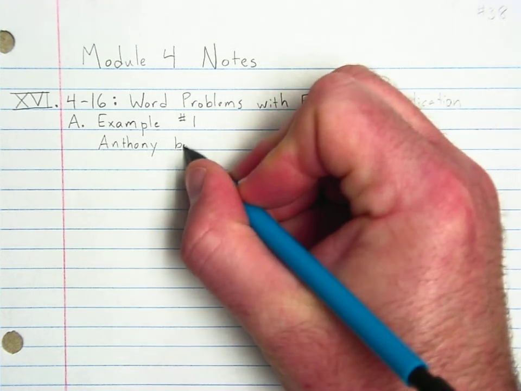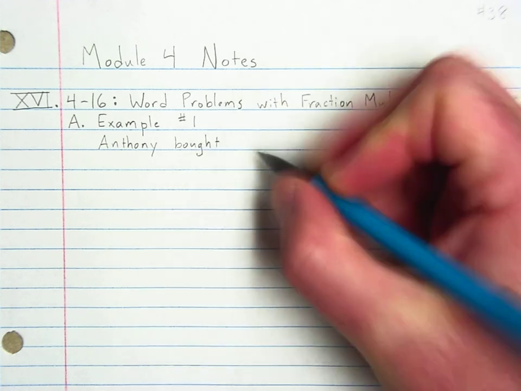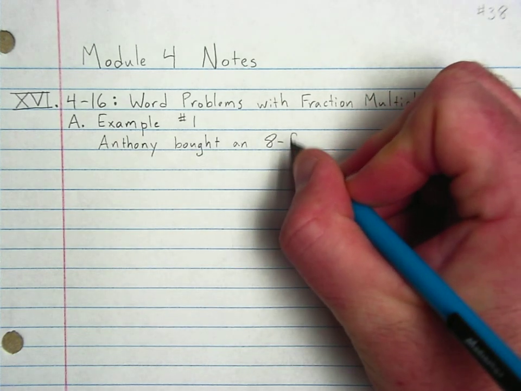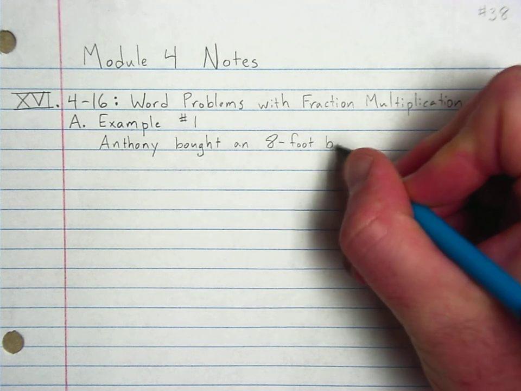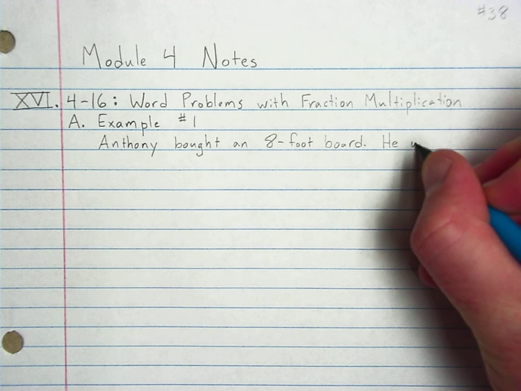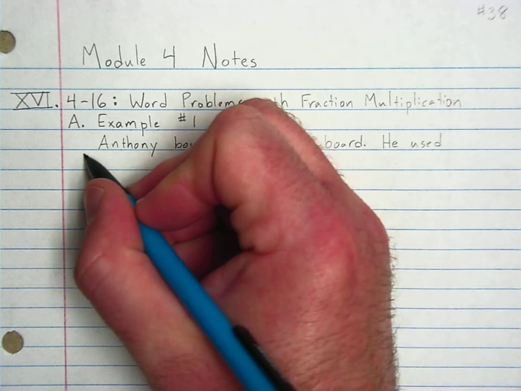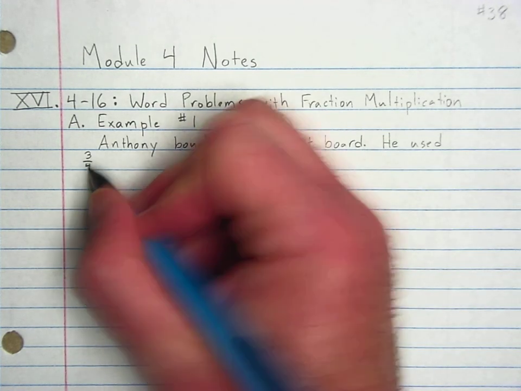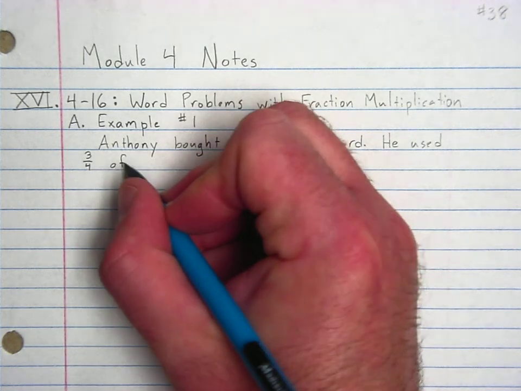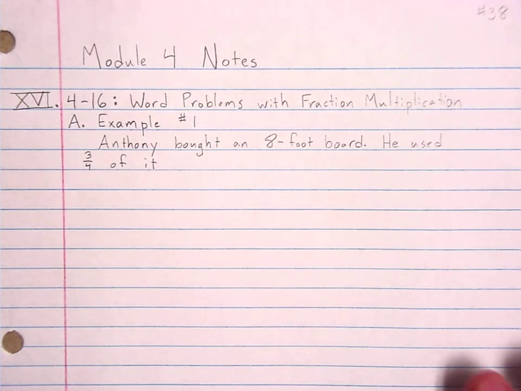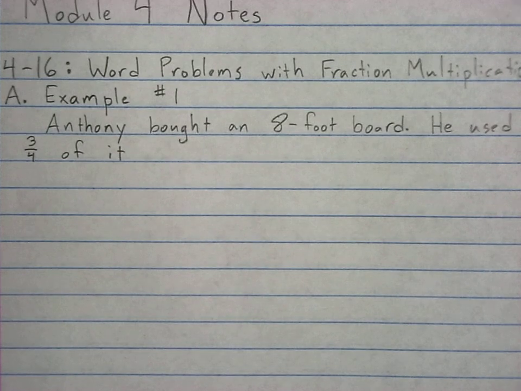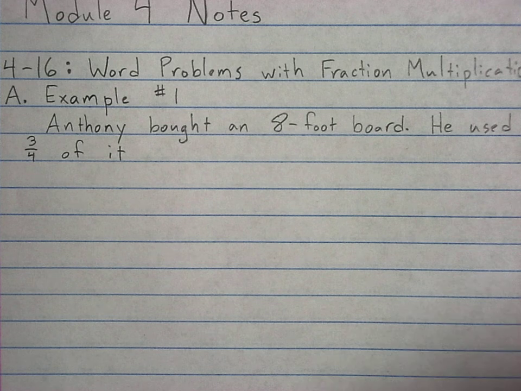Anthony bought an 8-foot board. So he's buying a piece of wood that is 8 feet long. He used 3/4 of it for a shelf.